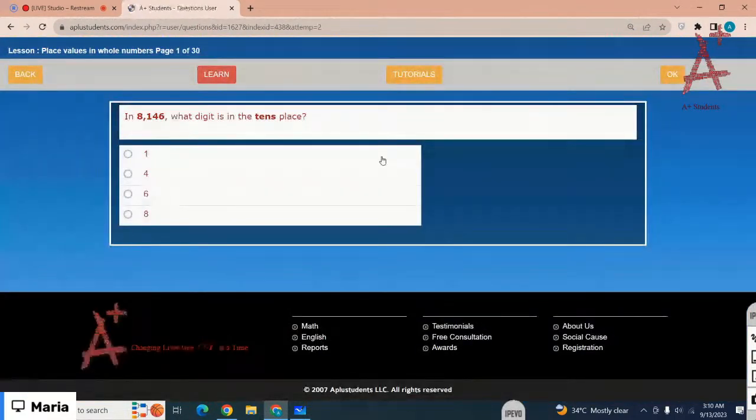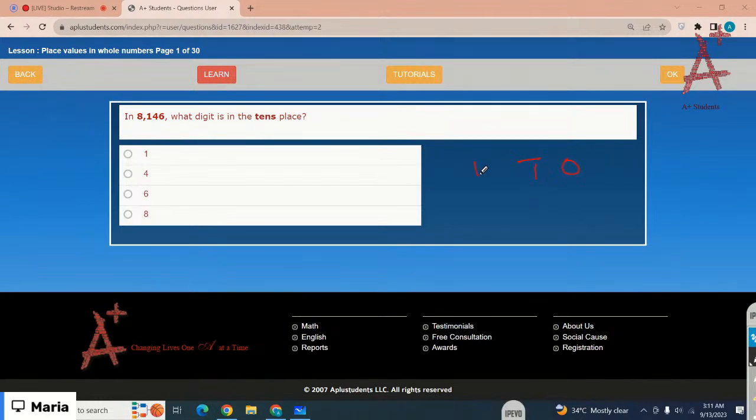In 8,146, what digit is in the tens place? Which is the correct option? Just write down 8146 in the place value chart.